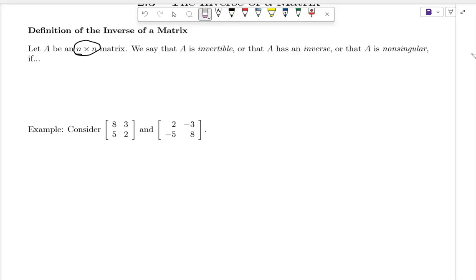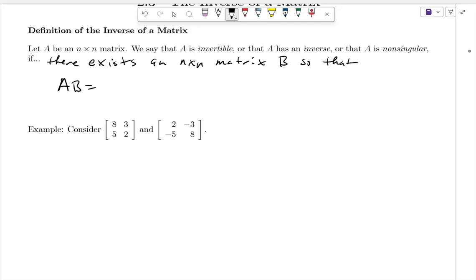The reason for that is because we want to get back to the same identity matrix, I sub n. So if we have an inverse, we have another matrix, I'll call it B, so that if I take A times B, I get the n by n identity matrix, and if I take B times A, I get the n by n identity matrix.